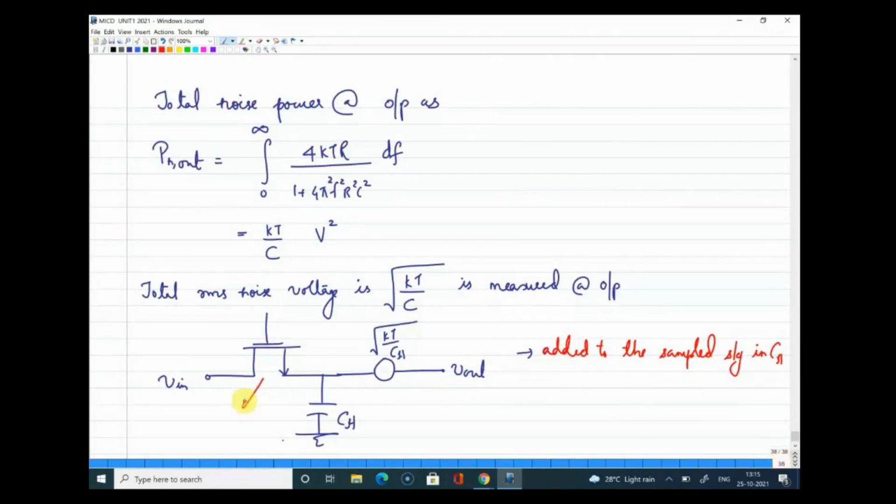So here the MOSFET is in the linear region, and this kT by CH noise is the noise of the MOSFET in the linear region. Now, the noise voltage which is getting added at the output depends on the capacitance value.